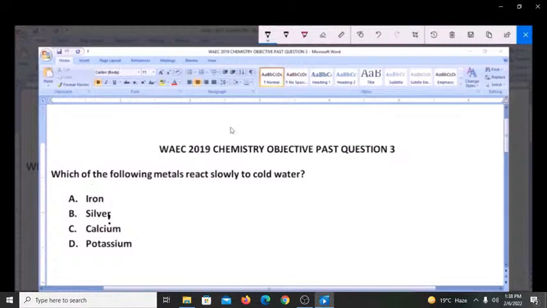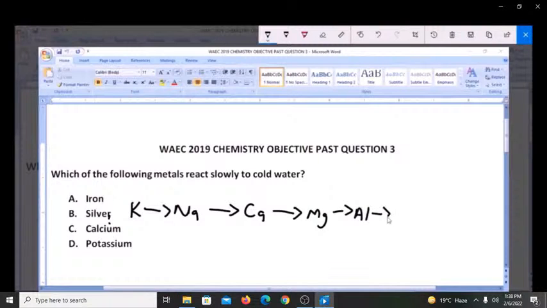So on the electropositive series, first you have potassium, followed by sodium, and then calcium, followed by magnesium, then aluminium, then zinc, then iron, then tin, then dubnium.